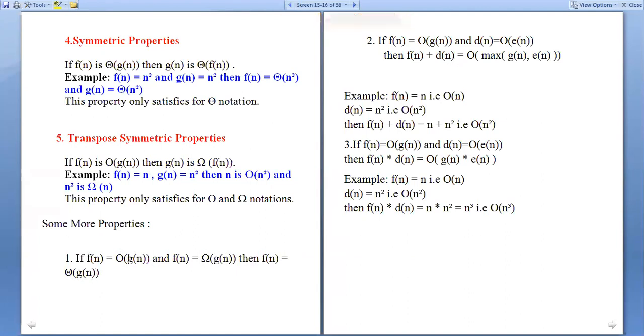So in between upper bound and lower bound, upper bound comes under O notation, lower bound comes under omega notation. So theta comes in between that. That is why if f of n is equal to big O of g of n and f of n is equal to omega of g of n, then f of n is equal to theta of g of n. If it satisfies both big O and omega notations, then it will automatically satisfy the theta notation.